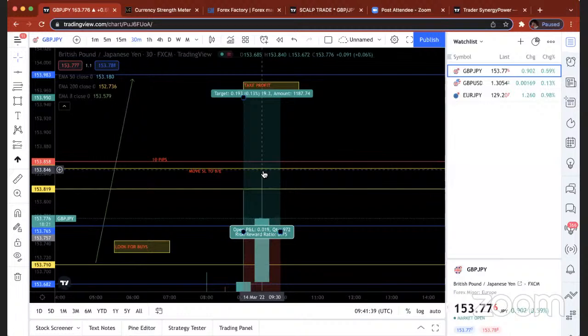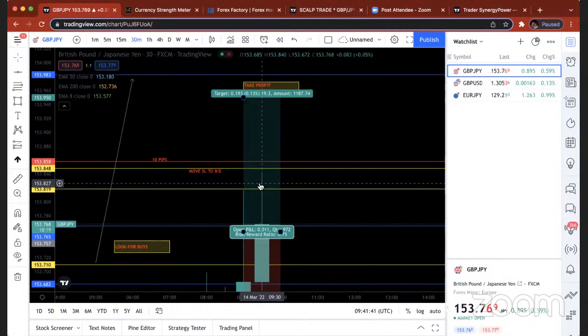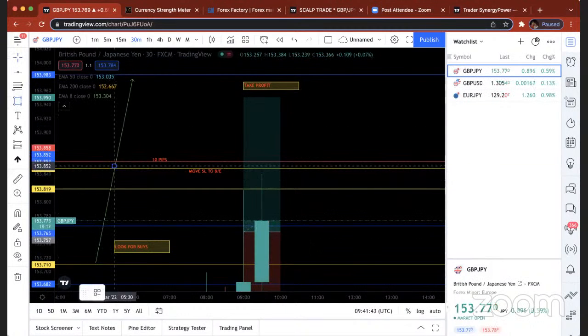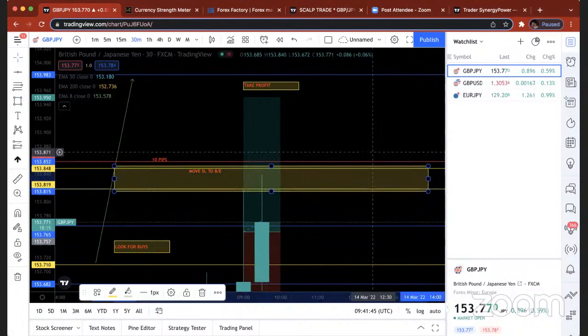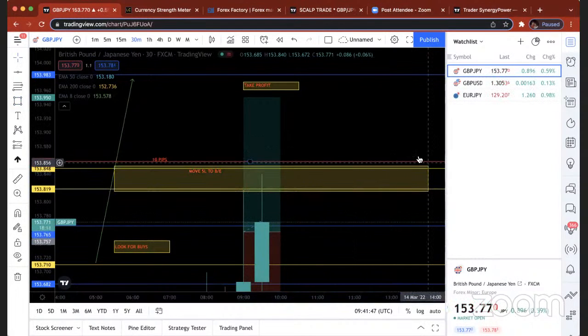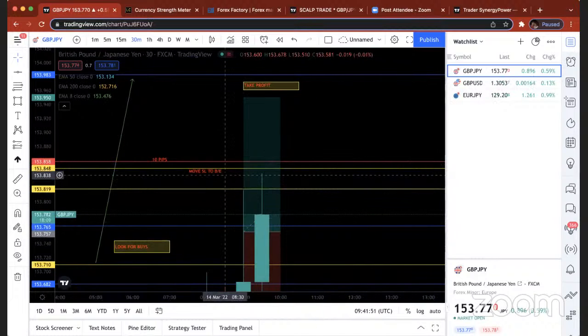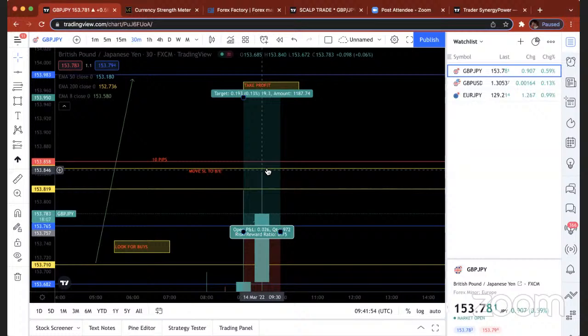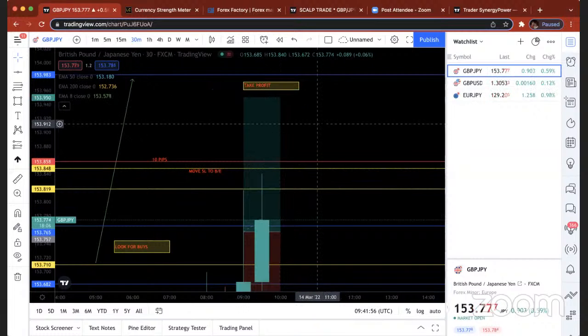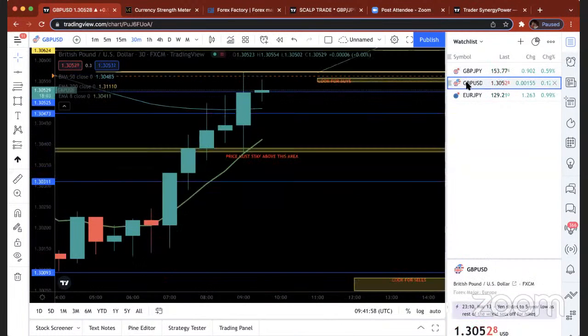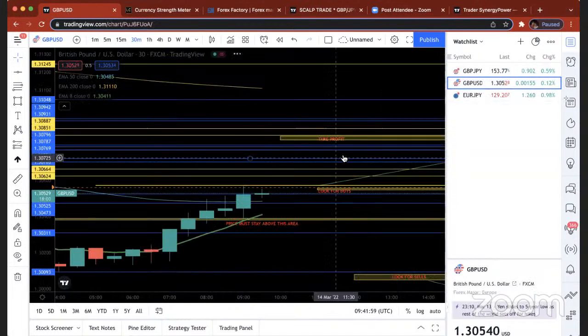I don't like how it rejected right here though. It's struggling to get through this area. These two yellow lines that I wrote, it is struggling to get through, which I do not like. That's why I have these yellow lines. But once we break these two yellow lines, price will continue up to our TP. I just don't like how it's struggling right now.